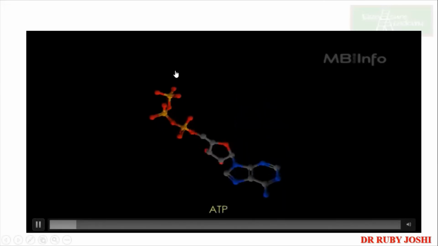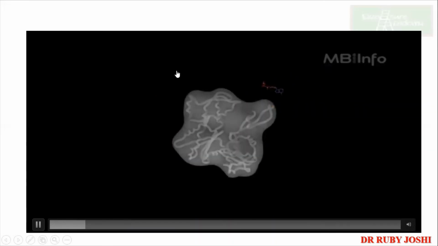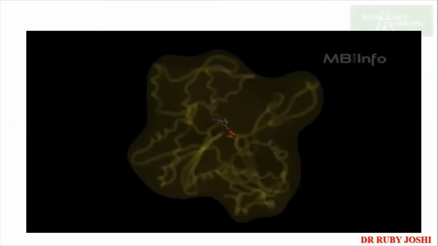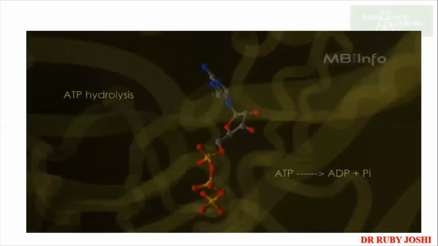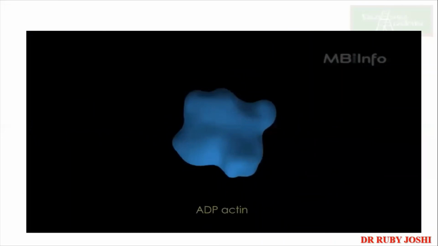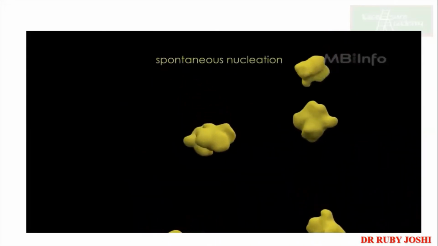Okay, now it has become ADP actin. So yellow color they have shown as your ATP bound actin.